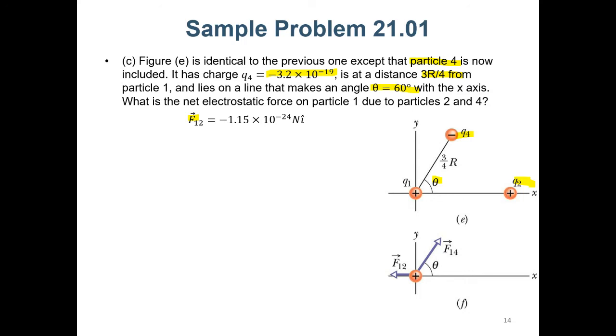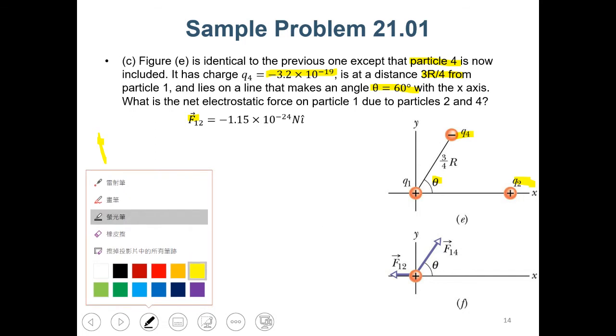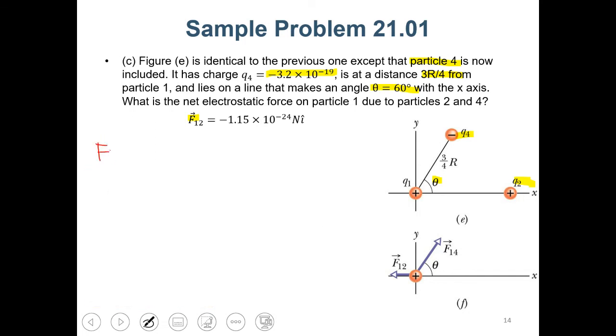So F14 is k times Q1 Q4, take the absolute value, over the same (3r/4) squared.